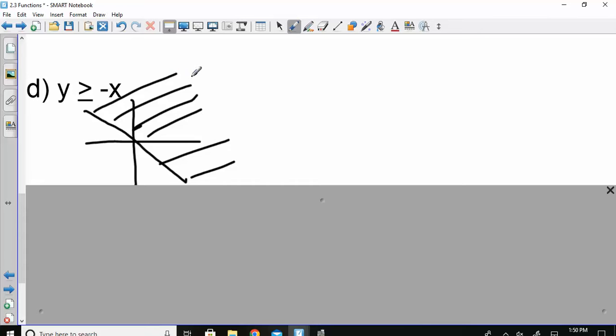So is there any way this passes a vertical line test? No, because anywhere I draw a vertical line, it has to go through all of that shading. So if you see an inequality, you really don't even have to work it out. It's just not a function, not going to happen. Domain and range is going to be what here?